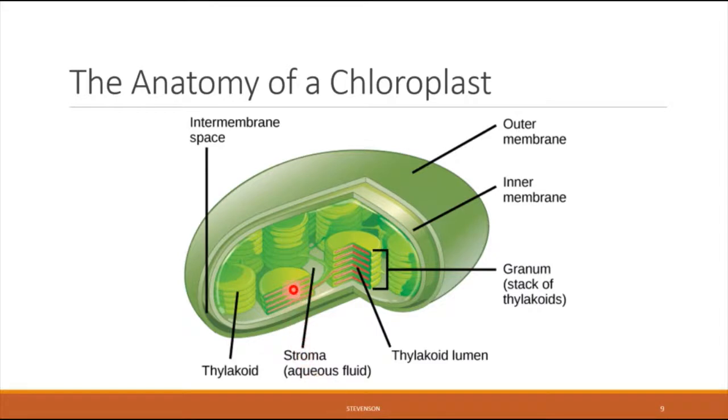And then sitting in the stroma are these stacks of little green discs called thylakoids. The stacks themselves, which kind of look like stacks of pancakes, are called granum, and the discs within each stack are called thylakoids.